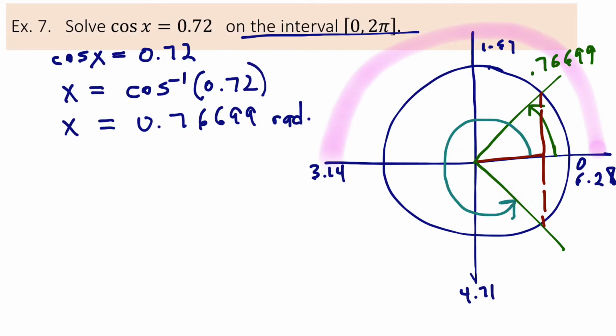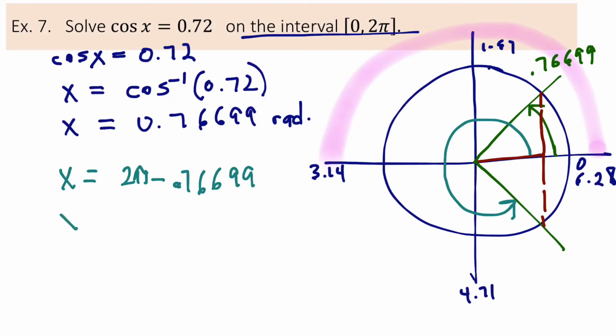You see the symmetry of the problem. If this angle is 0.76699, this also would be 0.76699 here. So I could figure out the second angle by saying x is equal to 2 pi, that's one full revolution, minus that piece that is 0.76699 radians.